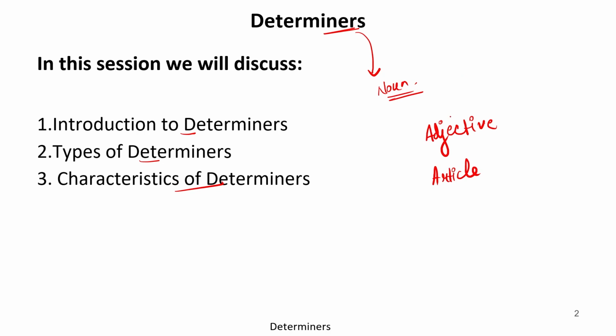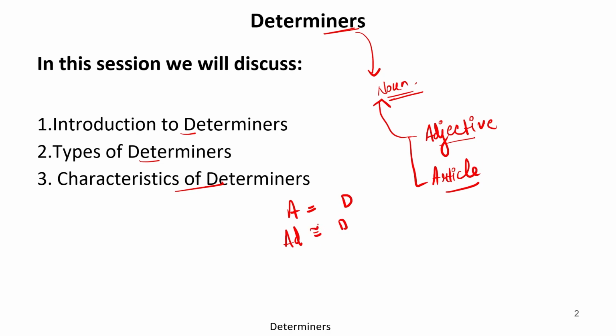Now, these two words or these two chapters or these two things also modify or qualify a noun. Then what about determiners? Basically, adjectives or articles both can be the parts of determiners, but there is a difference between determiner and adjective. Though all the three articles that we read are the parts of determiners, it means you can say that article is equal to determiners, but adjective and determiners are just similar.